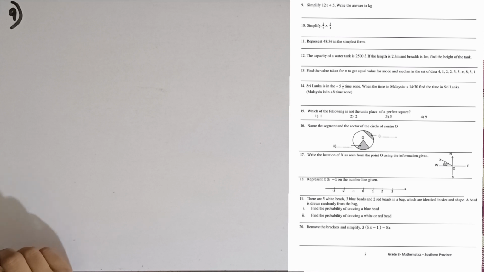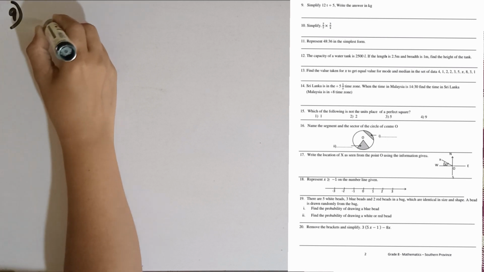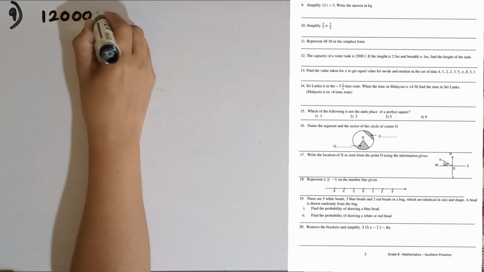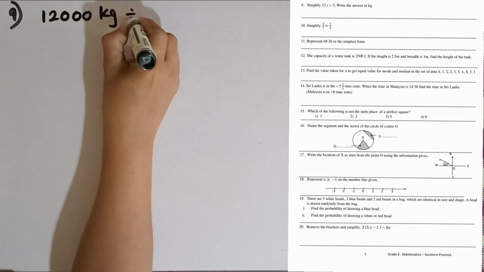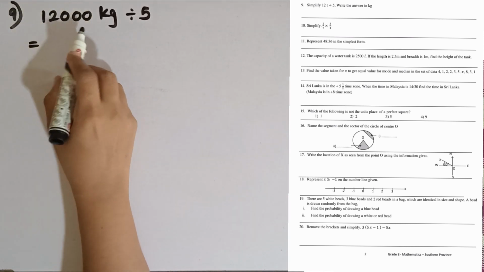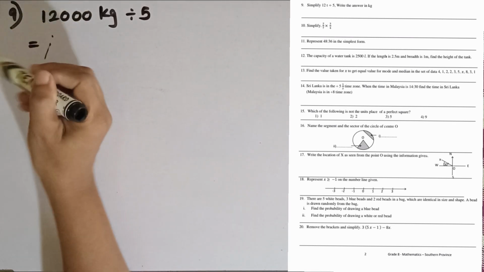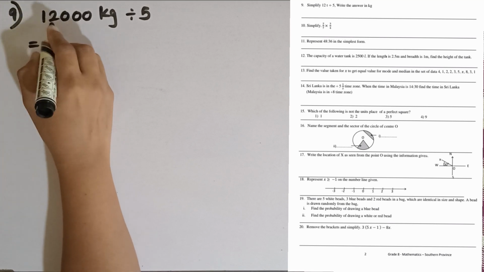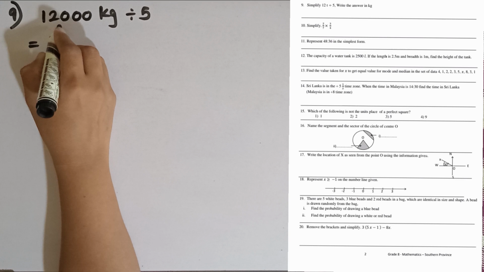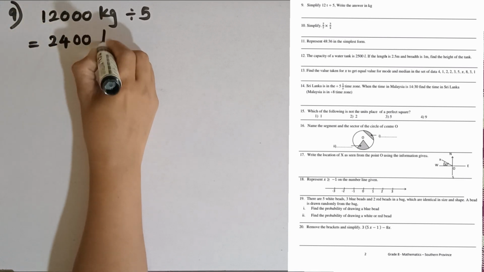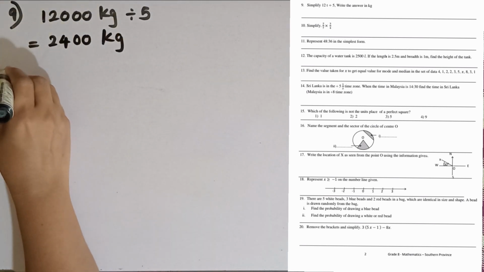So if you convert 12 tons to kilograms, you get 12,000 kilograms. 12,000 kilograms divided by 5. Then what is the answer? 5 times 2 is 10. Then 2 is remaining for 25, 5 times 4. Then 0, 0. This is the answer in kilograms.